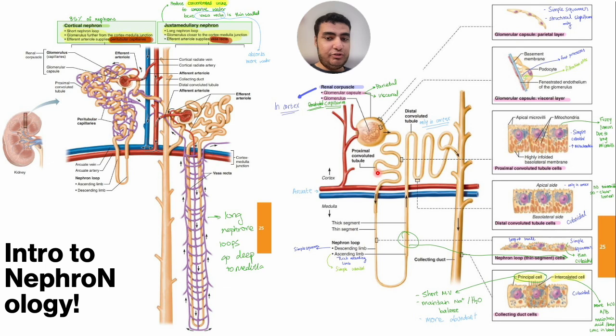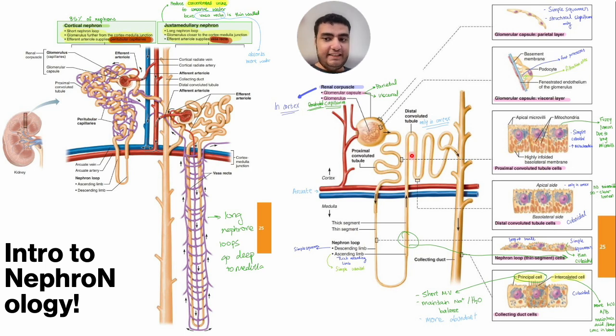It's made out of cuboidal epithelium, and some histological characteristics here include having a lot of mitochondria, which makes it eosinophilic, and a lot of apical microvilli, so they form a brush border, similar to the GIT, but for a different function, of course, basically to increase surface area for reabsorption. So it's a similar function actually, and they are in the renal cortex.